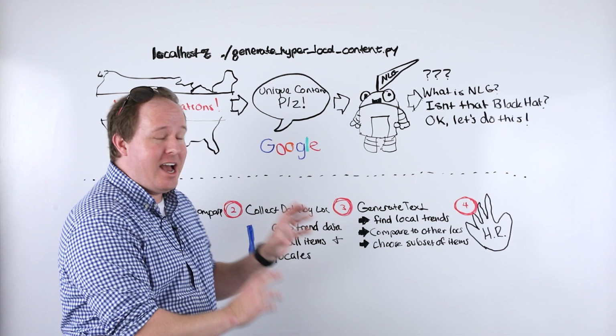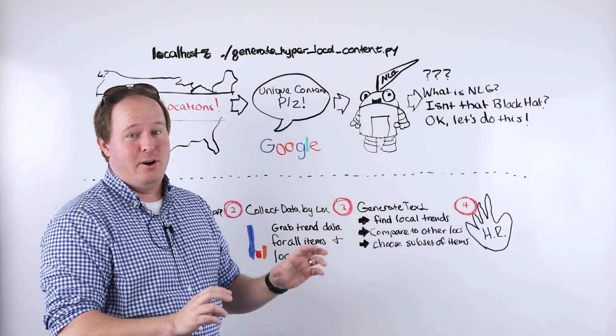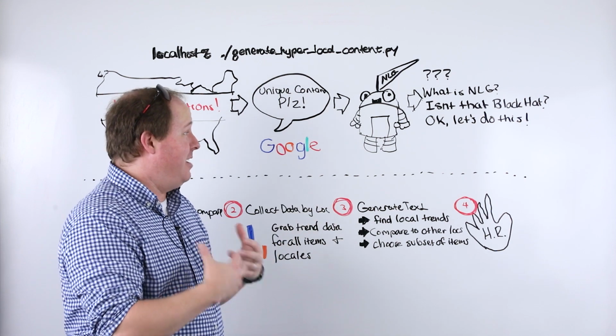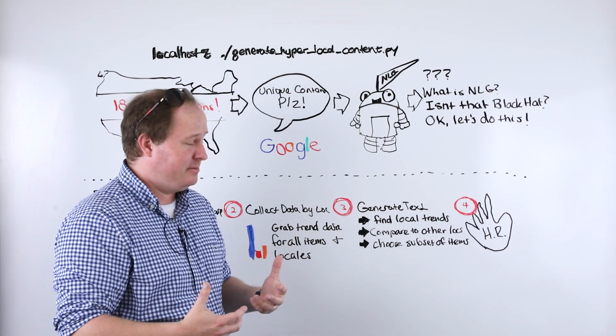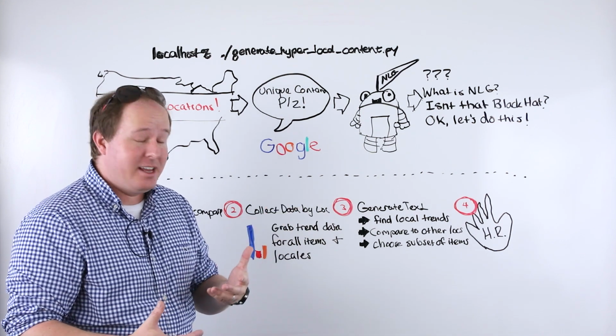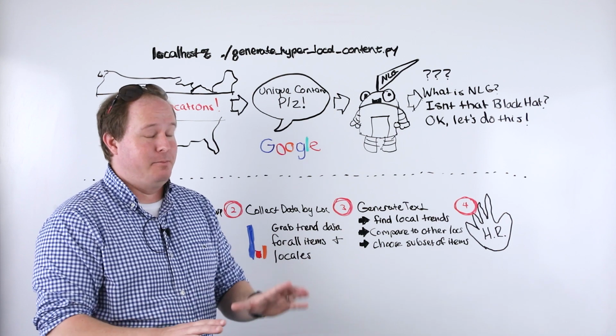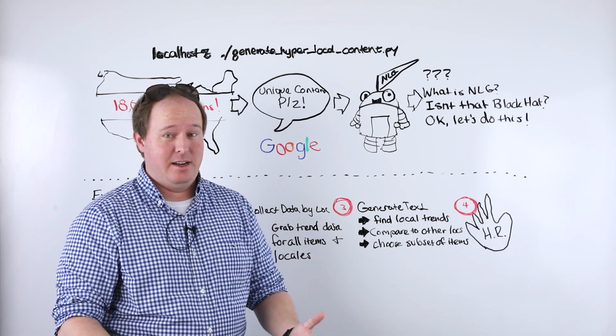We want to use natural language generation to produce local pages for a business that has information that is very useful. Now, the question we almost always get, or I at least almost get, is this black hat? One of the things that we're not supposed to do is just auto-generate content.